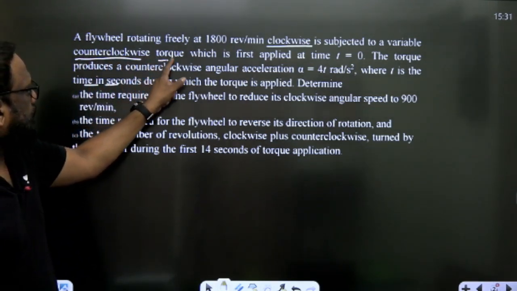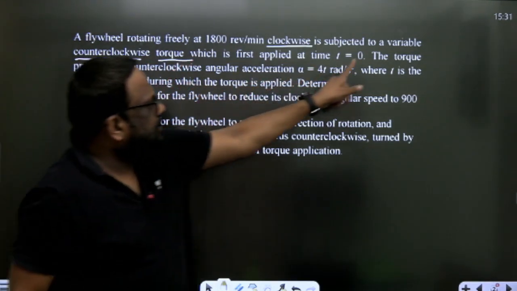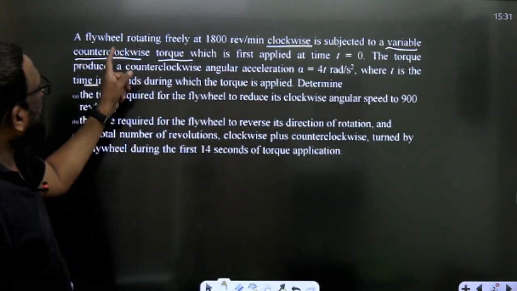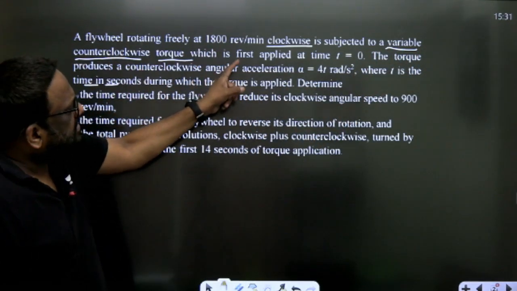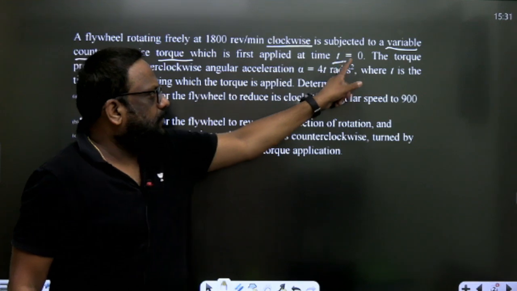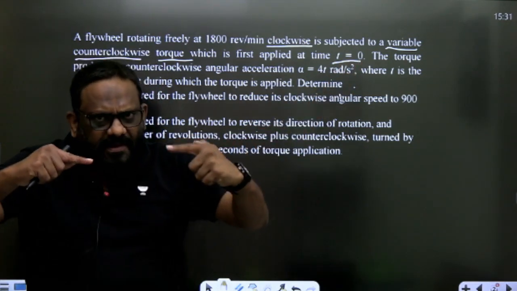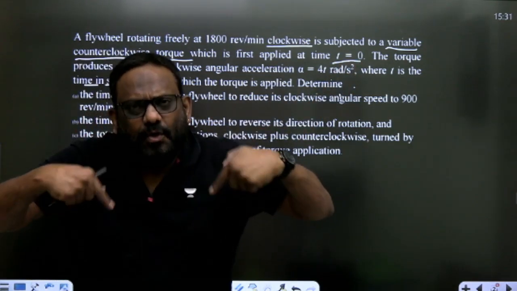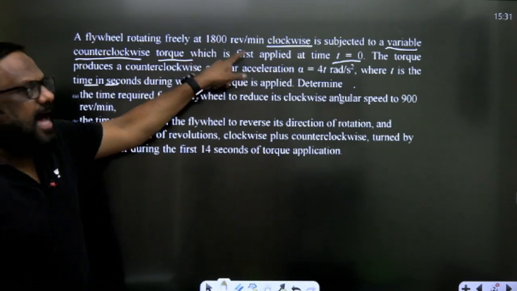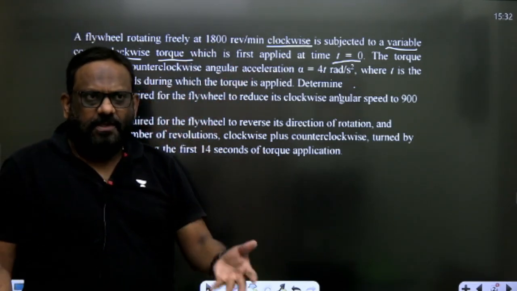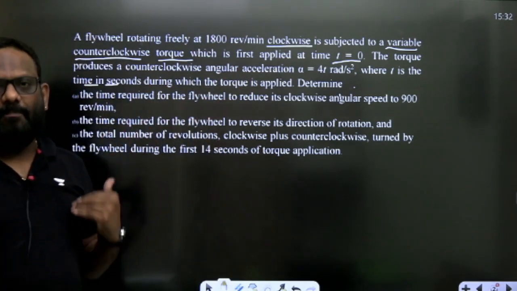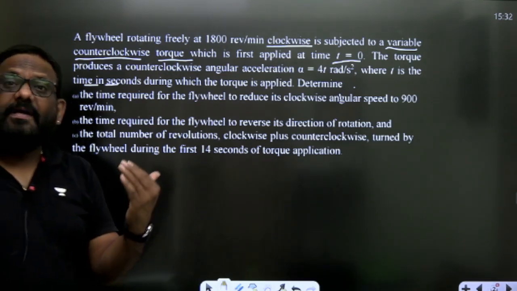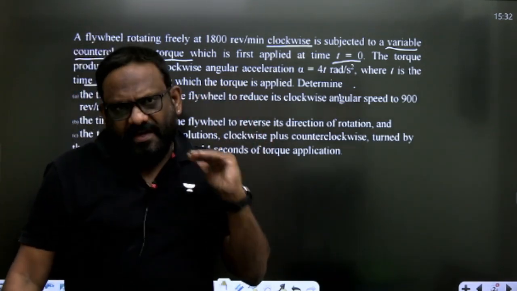Is subjected to a variable counterclockwise torque which is first applied at time t equal to 0. The flywheel is initially rotating at 1800 rpm in clockwise direction, so an opposite torque is applied, and moreover it is a variable torque. When is that applied?